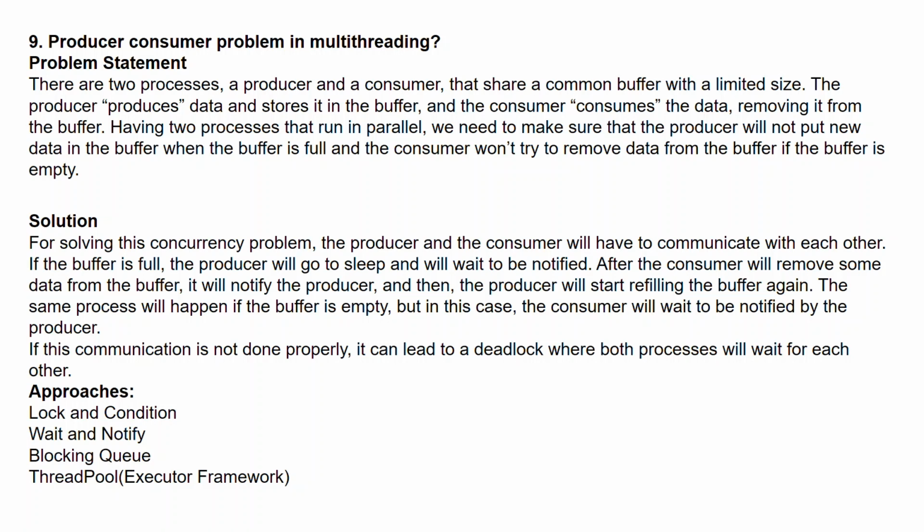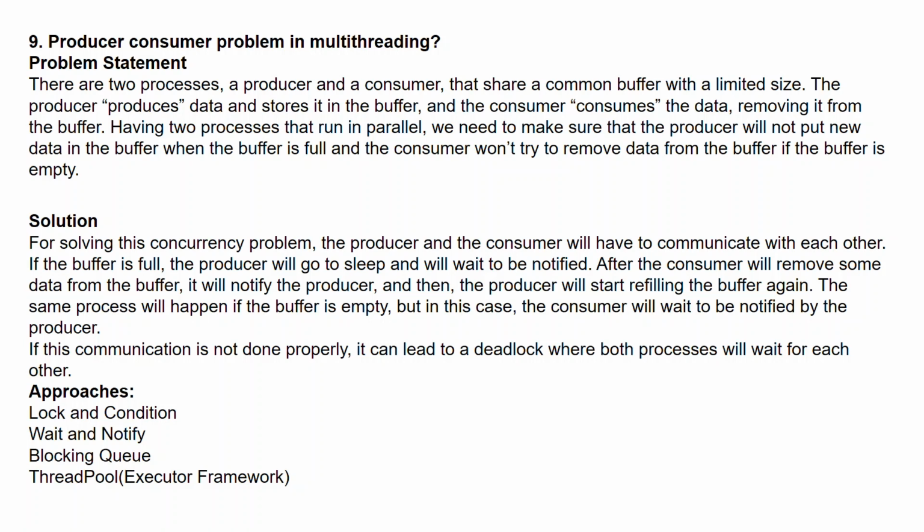Solution. For solving this concurrency problem, the producer and the consumer will have to communicate with each other. If the buffer is full, the producer will go to sleep and wait to be notified. After the consumer removes some data from the buffer, it will notify the producer, and then the producer will start refilling the buffer again.